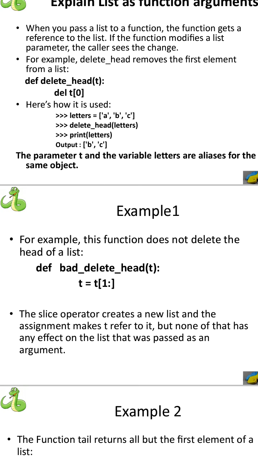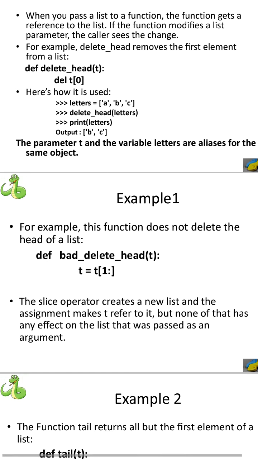The parameter t and the variable letters are aliases for the same object. Suppose in our next example we want to delete elements using the slice operator. The slice operator always extracts elements from your original list and assigns them to a newly created list.